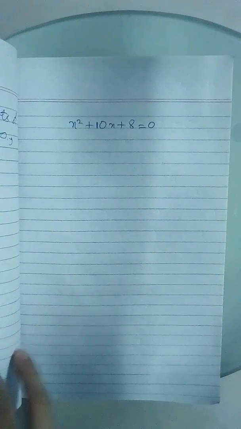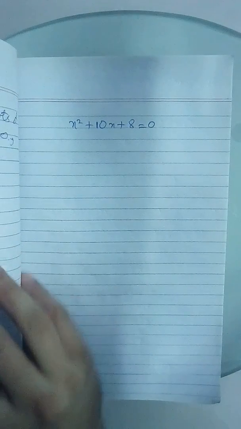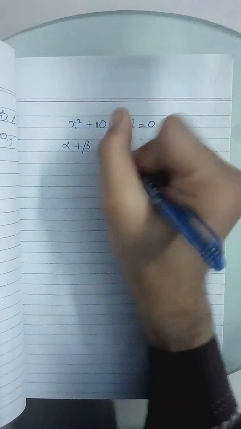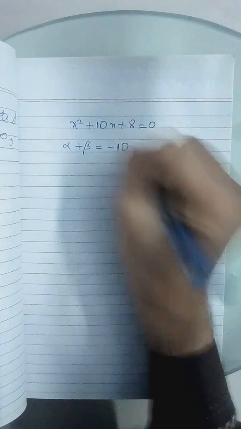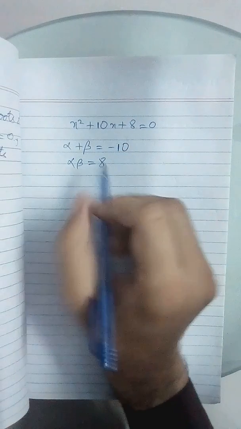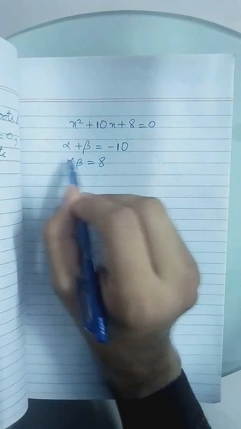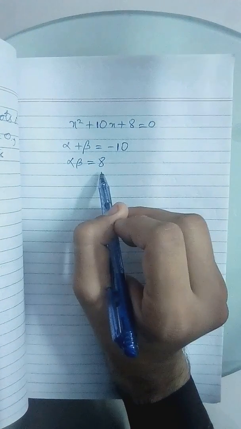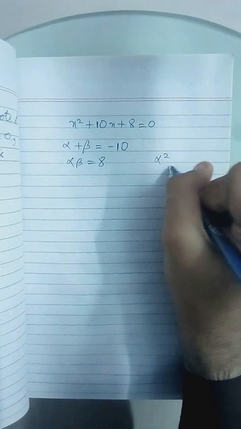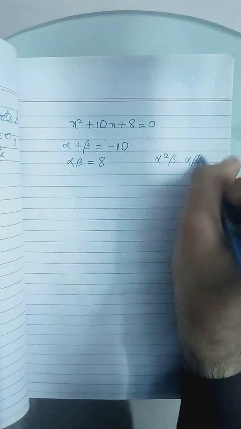Let us note alpha plus beta equals minus 10, and alpha beta equals 8. The solution, how to find this, is explained in the previous videos. Now we have to find the equation with roots alpha square beta and alpha beta square.